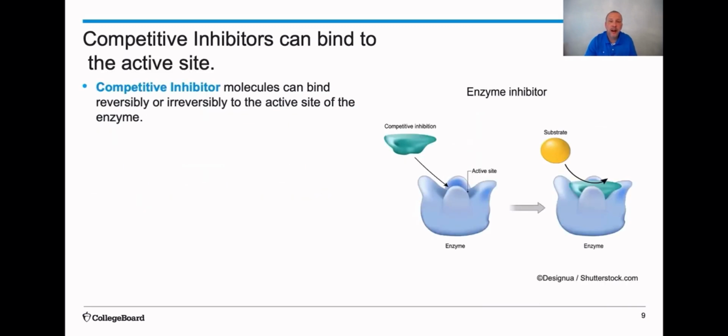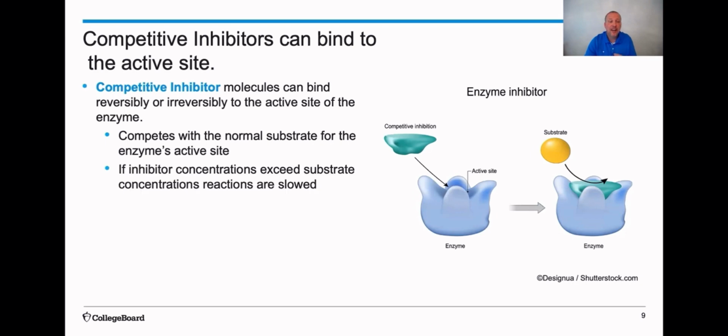So competitive inhibitors are molecules that can bind reversibly or irreversibly to the active site of the enzyme. They compete with the normal substrate for the enzyme's active site. If inhibitor concentrations exceed the substrate concentration, the reactions will slow down.